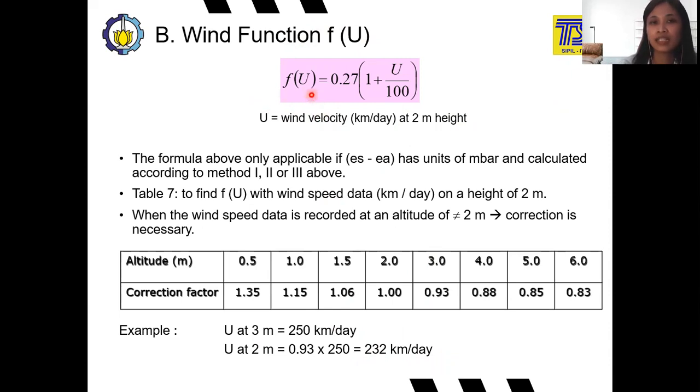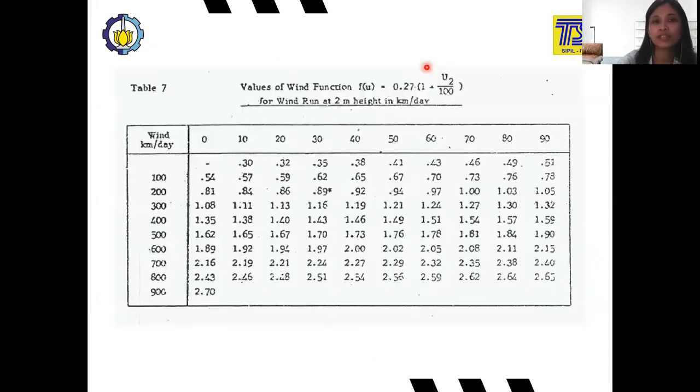So we will have the wind function Fu equals 0.27 multiplied by (1 plus 232 per 100). And then we will have the right number for the wind function.